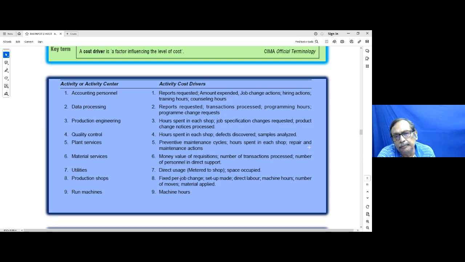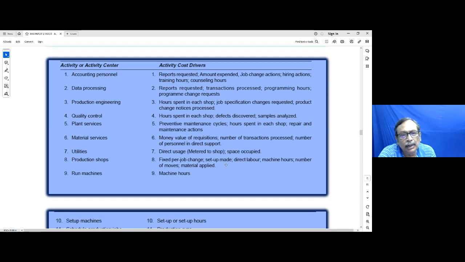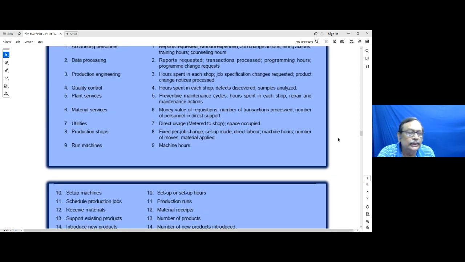Data processing: reports requested, transactions processed, programming hours, program change requests. Production engineering: hours spent in each shop, job specification changes requested, product change notices processed. Quality control: hours spent in each shop, defects discovered, samples analyzed. Plant services: preventive maintenance cycles, hours spent in each shop, repair and maintenance actions.